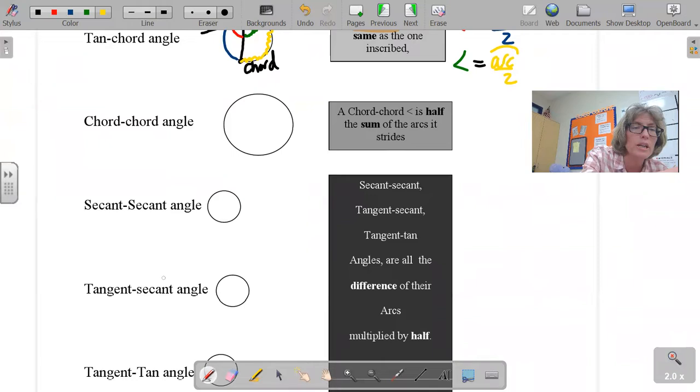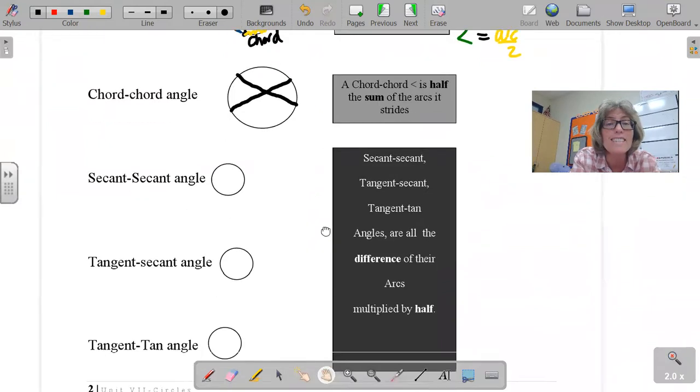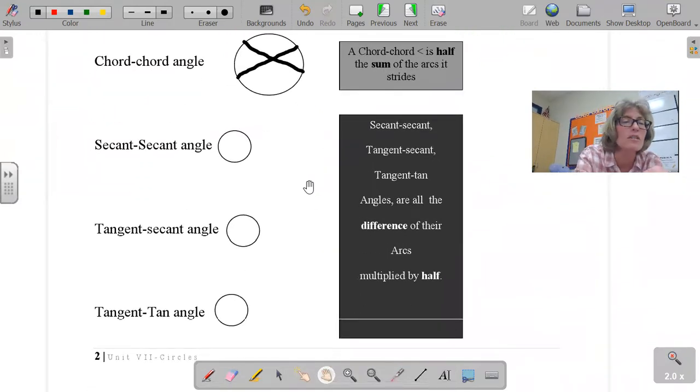So one of them is a chord angle, because it's made up of 2 chords. Then you have a secant. And a secant starts outside the circle and goes through at 2 points.